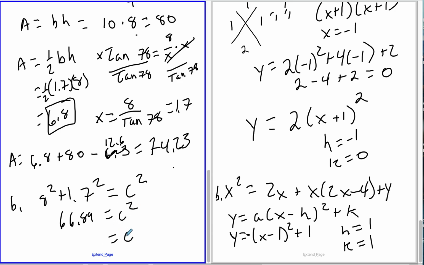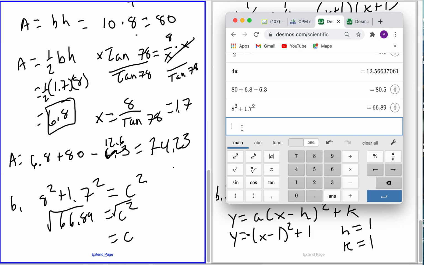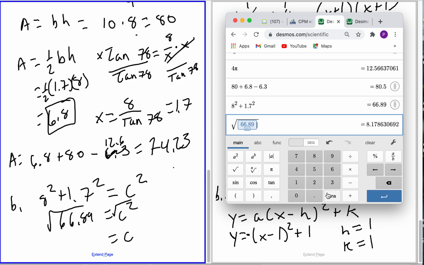So c equals the square root of that, which is 8.17.